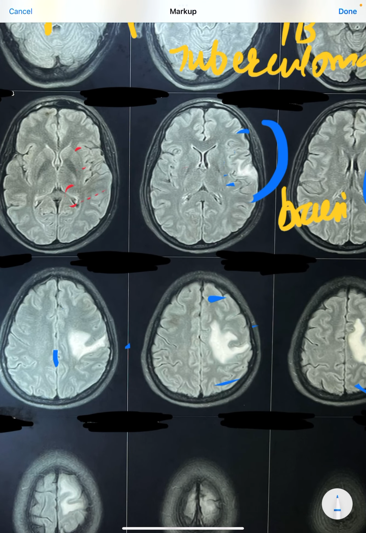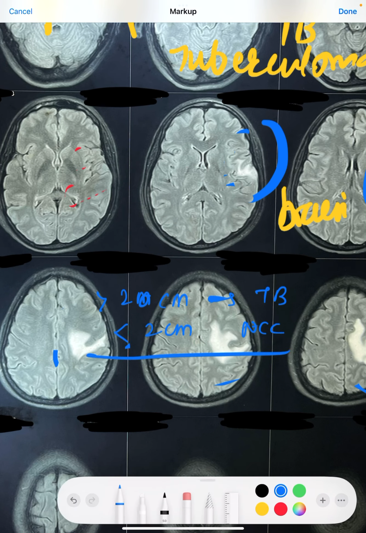We need to understand, if the lesion is more than 2 centimeter, it favors TB. If it is less than 2 centimeter, it favors NCC. NCC can be multiple in number.